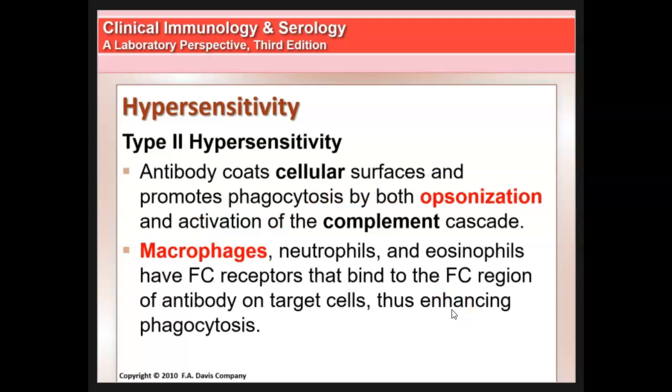In type 2 hypersensitivity reactions, antibody coats cellular surfaces and promotes phagocytosis by both opsonization, which is like our salt and pepper, and activation of the complement cascade. Then macrophages, neutrophils, and eosinophils have Fc receptors that bind to the Fc region of antibody on target cells, enhancing phagocytosis.